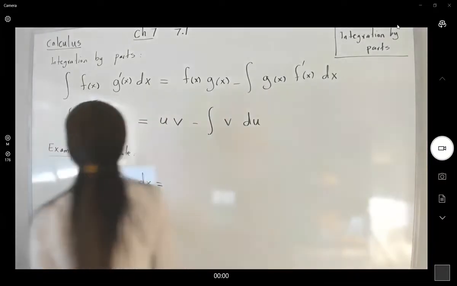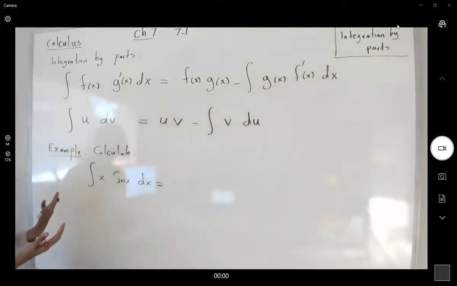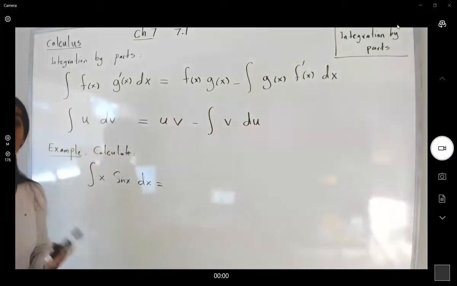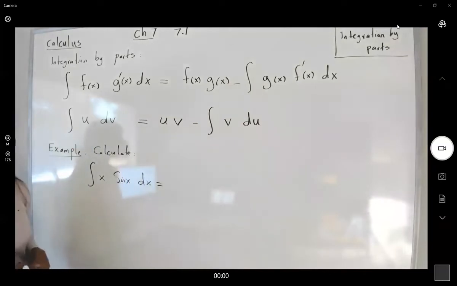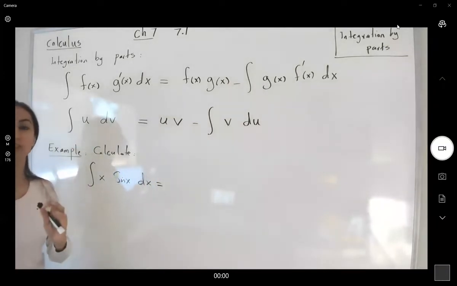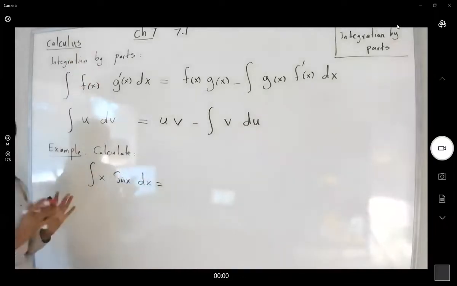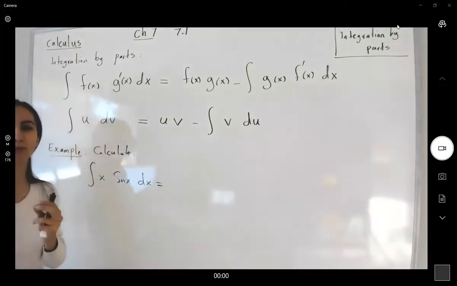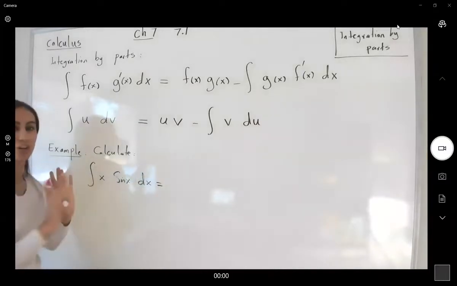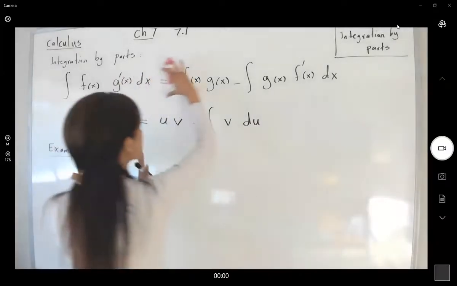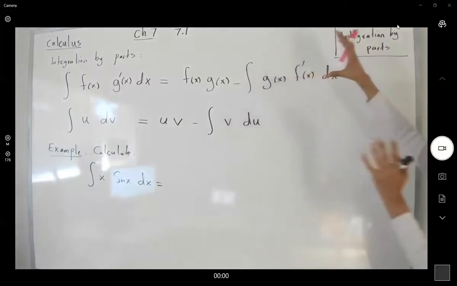Now your job is to identify what is f and what is g prime. Just keep in mind that when you use integration by parts, our goal is to simplify the original integral. So just take a look at the first equation here.